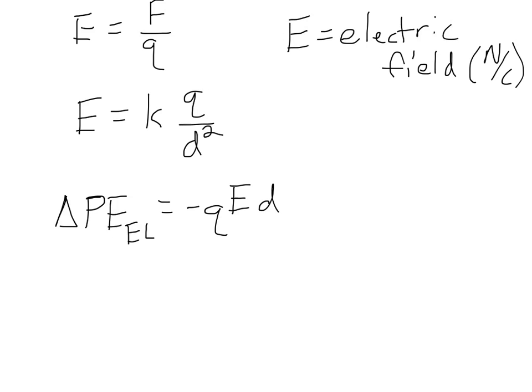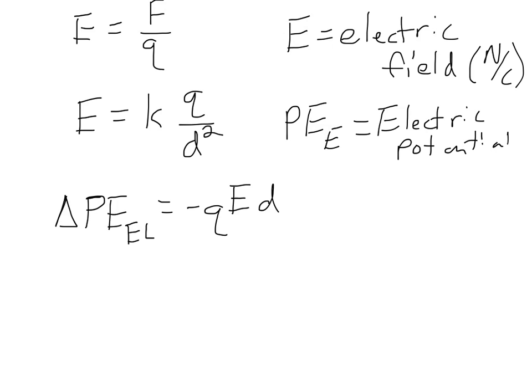F is still electric force, and electric potential energy is going to be measured in joules. Everything else is still the same. K is still 9 times 10 to the 9th. Q is still charge measured in coulombs. And D is going to be the distance or displacement measured in meters.